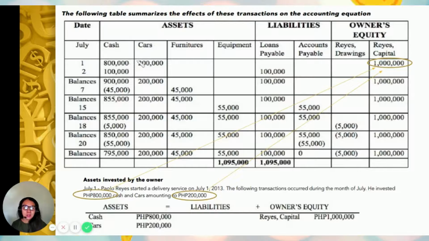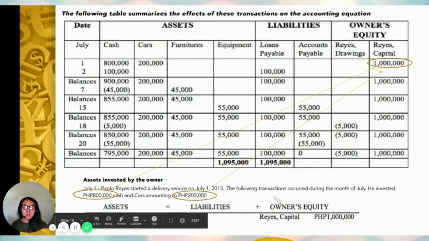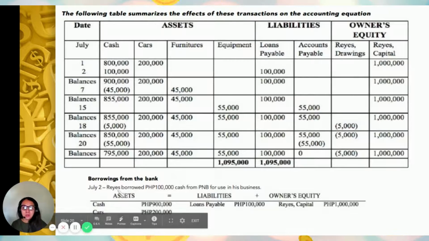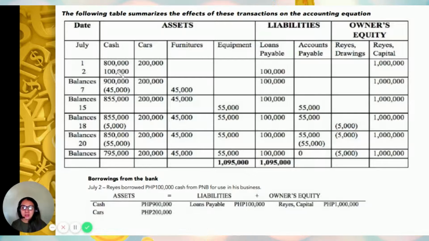So 800,000 in cash, 200,000 worth of cars, equivalent to 1 million Reyes capital. This will be the same process for the other transactions. So Reyes borrowed 100,000 cash from PNB. So that's 800 plus 100. This is the loan that we got from PNB. That's why it became 900,000.